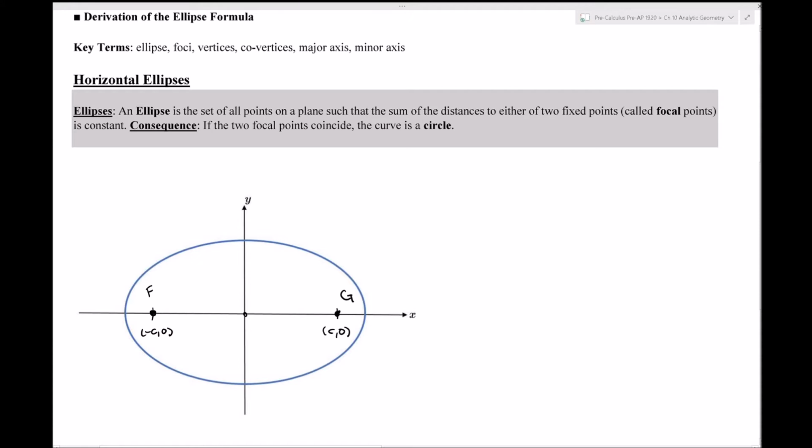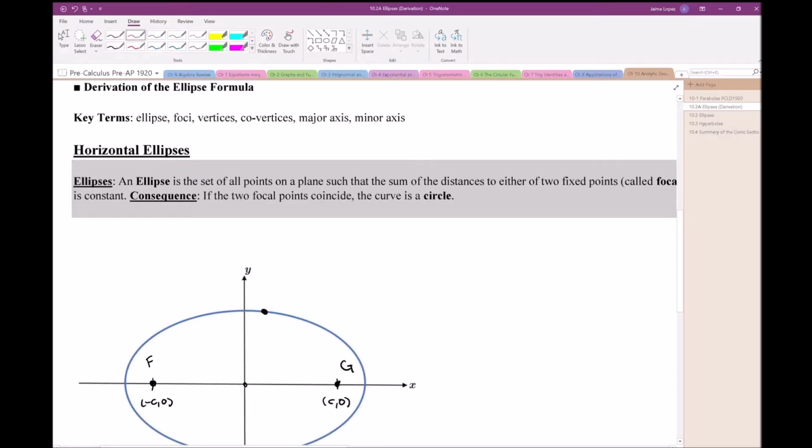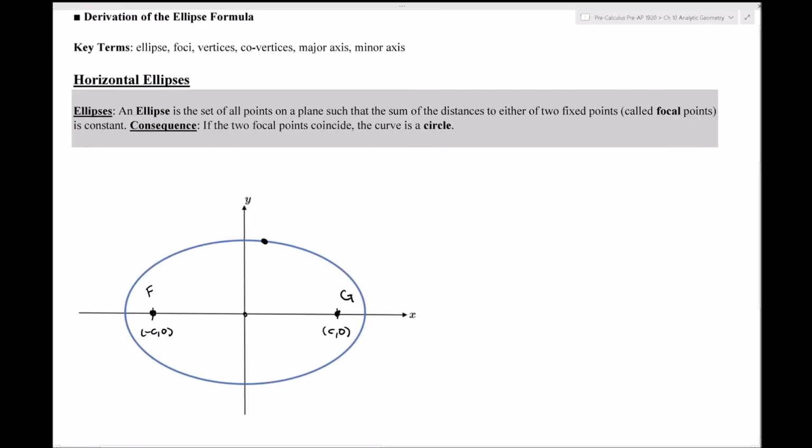Okay, so the relationship between those 2 focal points and any other point on this ellipse or on this curve, assuming it's not an ellipse yet, so it's some curve out on the coordinate plane, what we do is measure 2 distances, and I should have labeled that as a point.